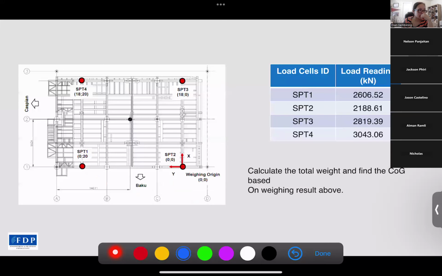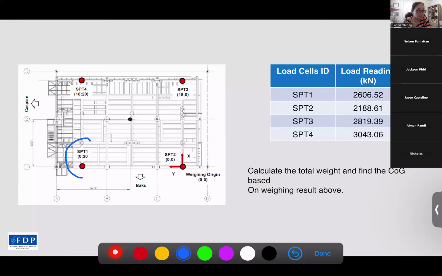And then we continue with task number 3. In weighing by using a compression jack, we get the load cell readings here, SPT 1, 2, 3, and 4. This is the load cell reading.